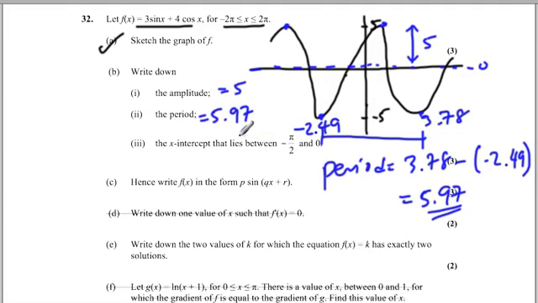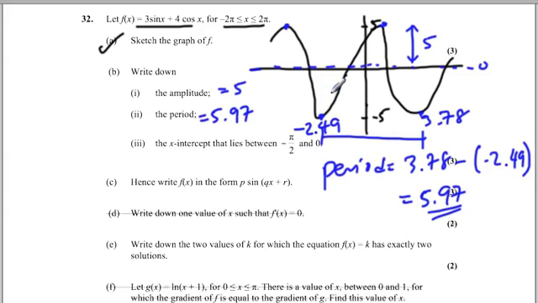The x-intercept that lies between negative pi over 2 and 0. So once again, you can just use your graphing calculator here. If you go and type in negative pi over 2, which is somewhere over here, and 0, which is obviously here, you can figure out where the x-intercept is. If you have a TI-84, just go find the zero.